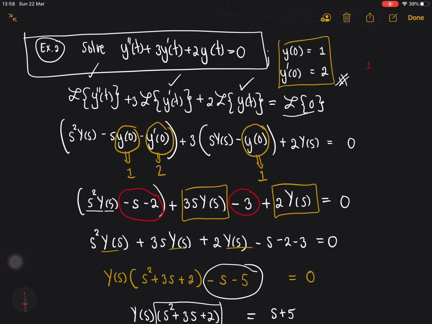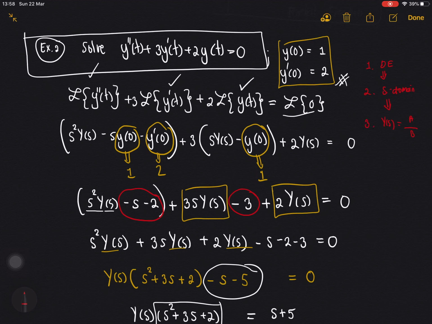So we first transform the differential equations into the s domain first. That's our second step. And from the s domain, you have to rearrange the expressions here to get the rational function for Y(s). So you will have Y(s) equivalent to some a divided by b function, which is called the rational function. That's step number 3.